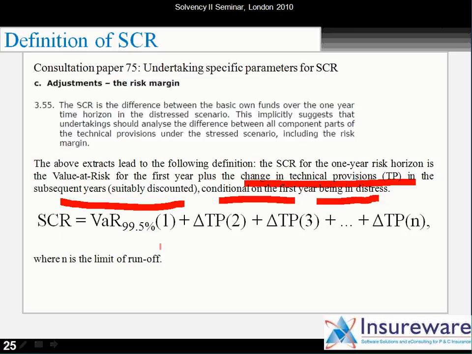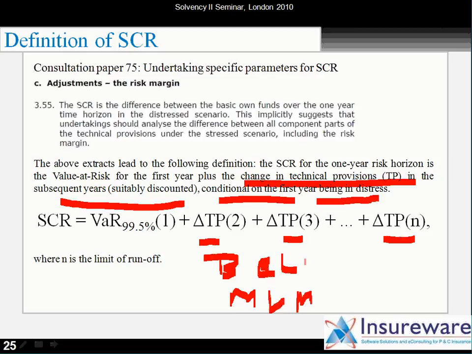SCR, first of all, you need to have sufficient capital for the first year being in distress. Conditional on the first year being in distress, you need to have additional technical provisions. In other words, additional BEL, extra BEL, extra mean reserves, extra MVM, so that you can continue with your business.